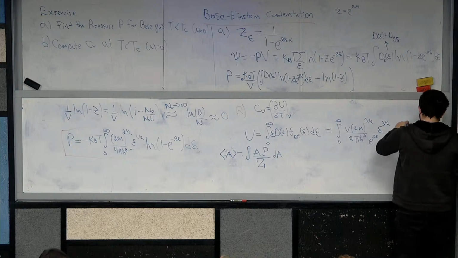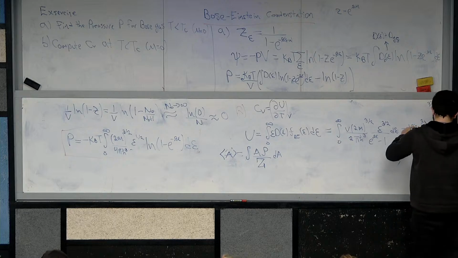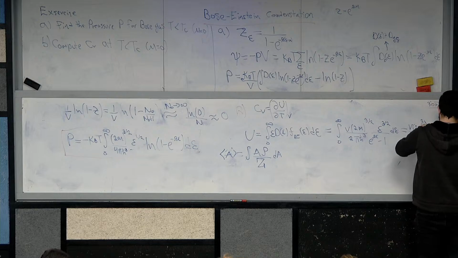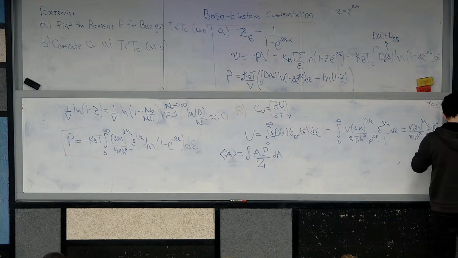So we just have V times (2m)^(3/2) over (2 pi hbar)^3 times 3... Sorry, I'm missing a space here.